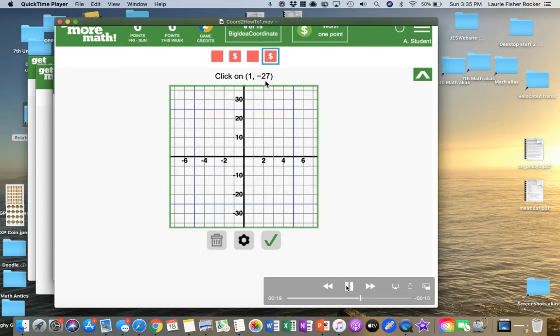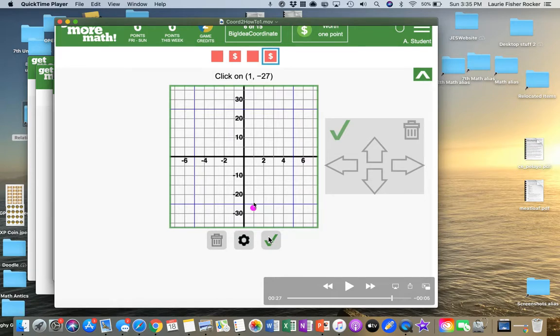So you go -27. You can go over 1. You're going to go down to -27, which is right about there. Now, what you're going to notice is that this whole thing pops up. That means if you feel like, oh, I put that just a little bit off, but maybe I need to go one more, you can click on this arrow to bump it down. You could click on this arrow to bump it up if you feel like that.